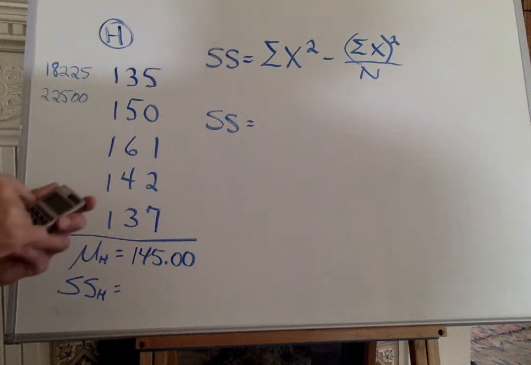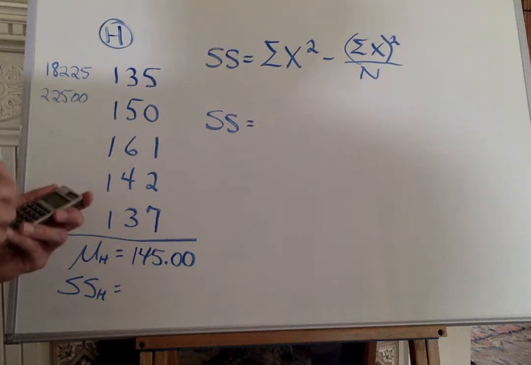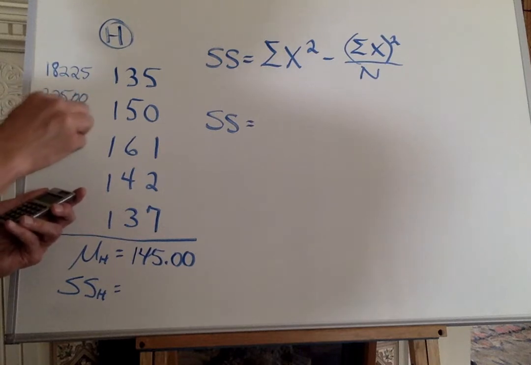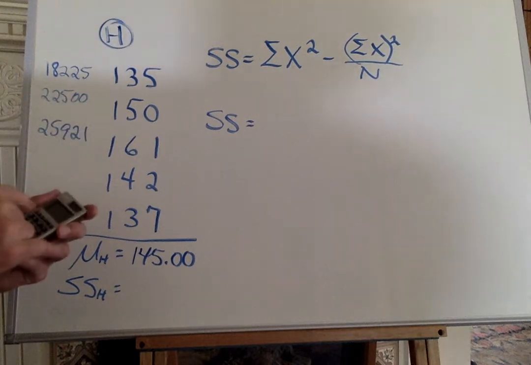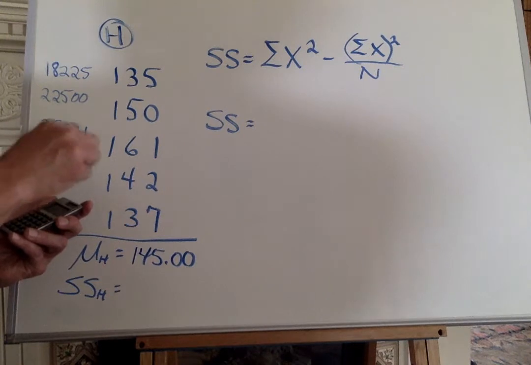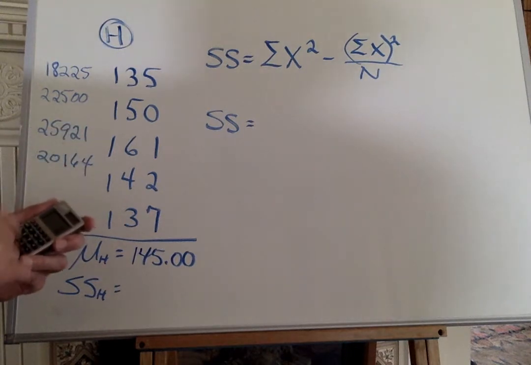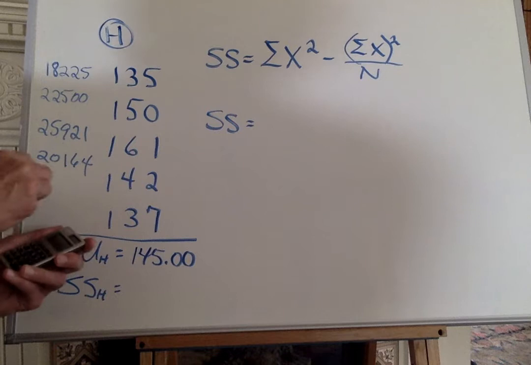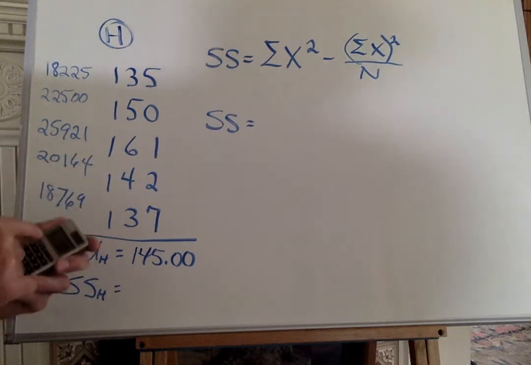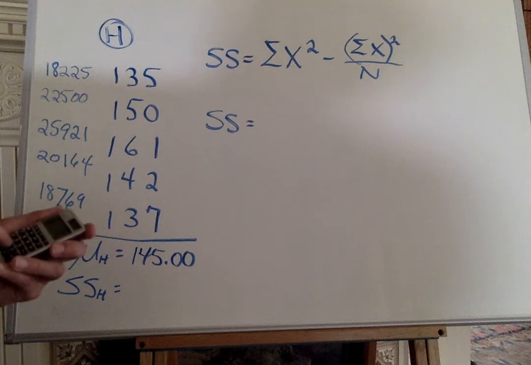All right. 161 squared. This is why it's good not to have a large data set when we're doing this by hand, right? And then finally 137 squared is 18,769.